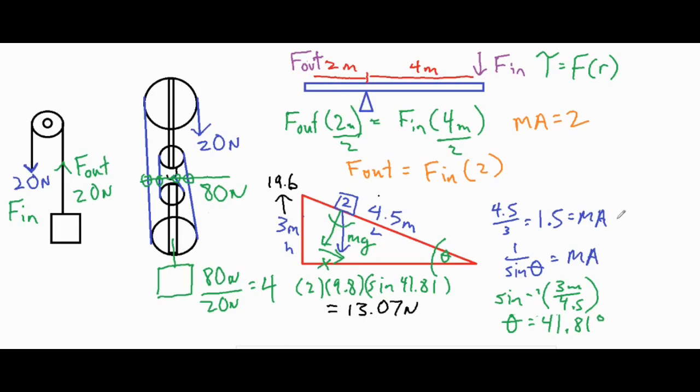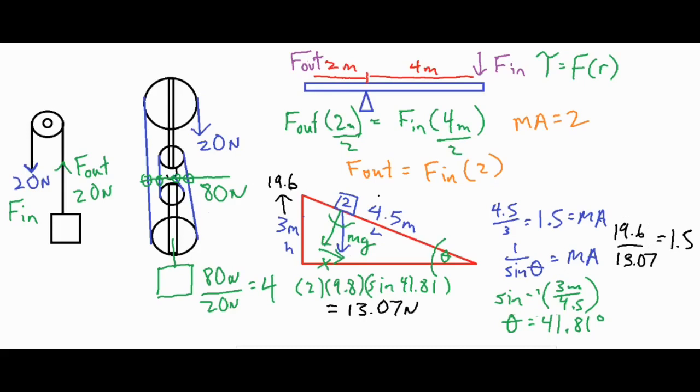So then if you did 19.6 divided by 13.07, you would get 1.5 as your mechanical advantage for your force output, which is basically the weight of the 2 kilogram block in newtons divided by the force input, which is this horizontal component of our triangle.